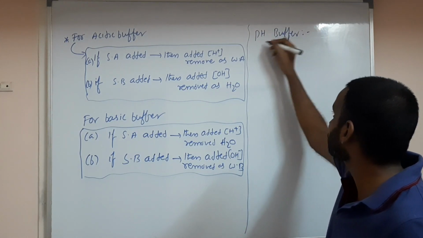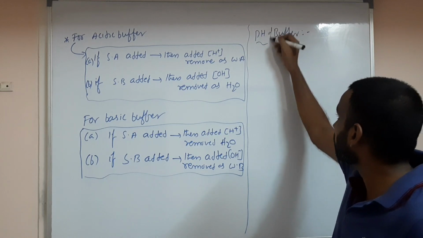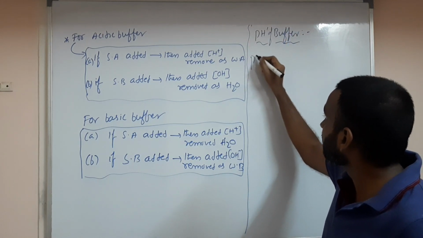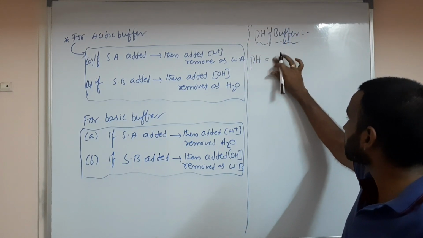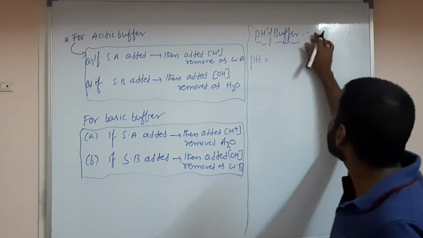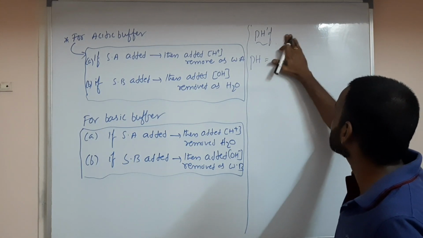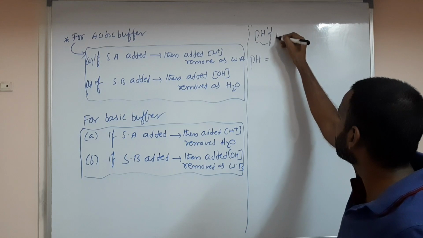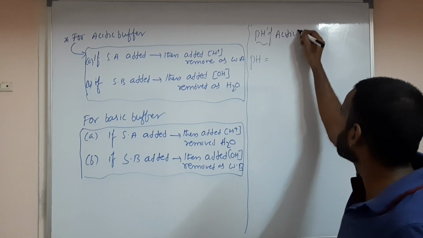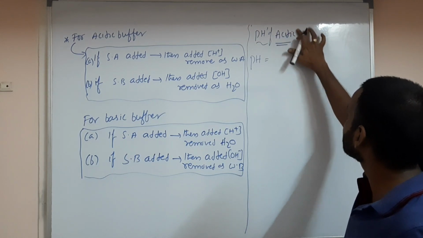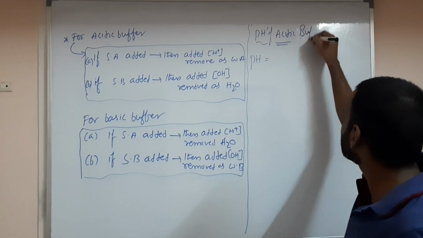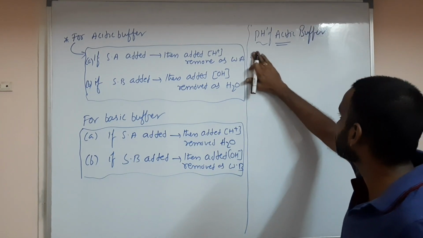Henderson equation you have. pH of buffer. For acidic buffer, I am telling, pH of acidic buffer.